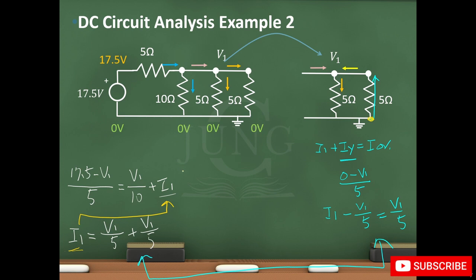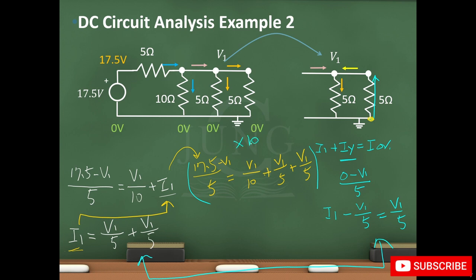So back to our example, subbing I1 into here, we have (17.5 minus V1) divided by 5 equals V1 divided by 10 plus V1 divided by 5 plus V1 divided by 5. There are many ways to solve this, but I don't like to deal with fractions, so let's multiply both sides by 10.